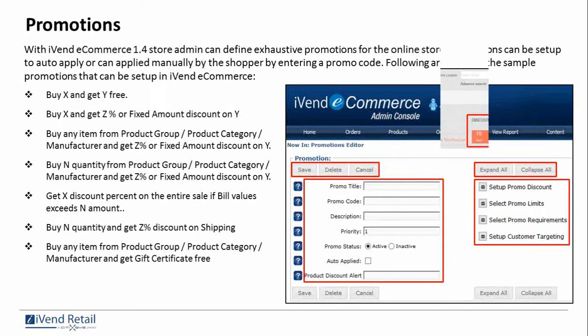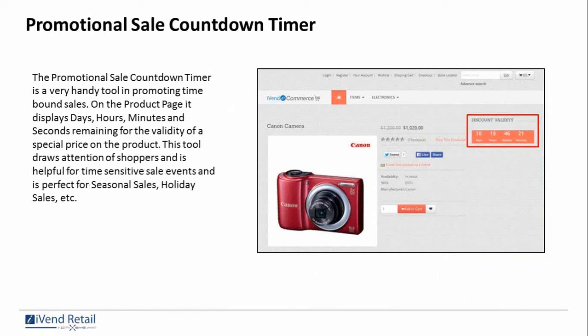The next feature is the promotional sale countdown timer. This is a very important and useful tool for the shopper to know about a certain promotion that is being run on a particular product. If the retailer wants to highlight certain products with a countdown timer showing that this particular sale is valid for a certain period, it can be defined in the system and displayed accordingly.